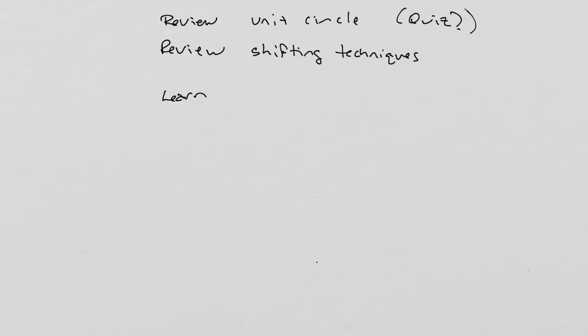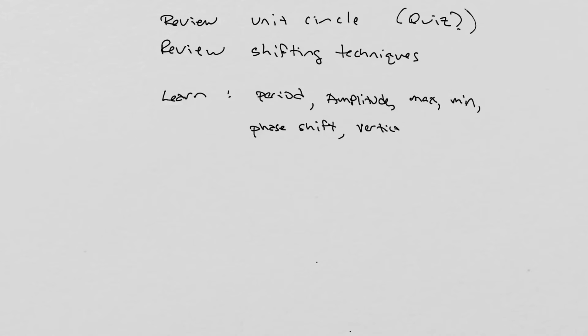And let's learn these new terms: period for the period length, the amplitude, the maximum value, the minimum value, and also these fancy words, phase shift and vertical shifts. All right, so make sure you review some of those things before you come to class, okay?